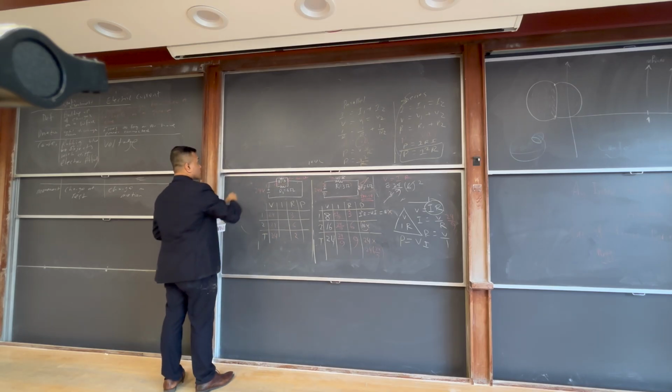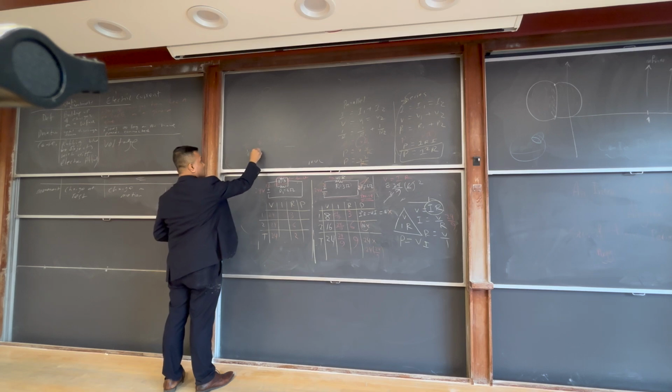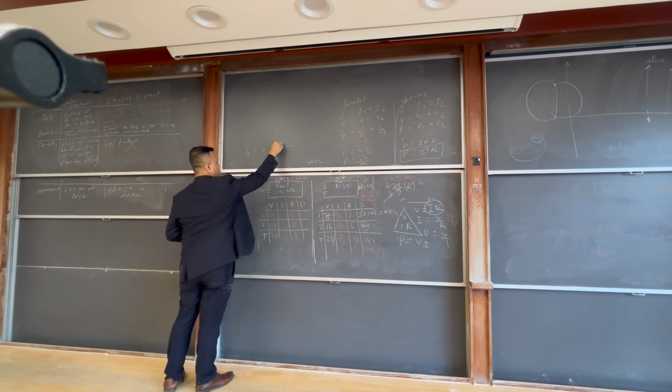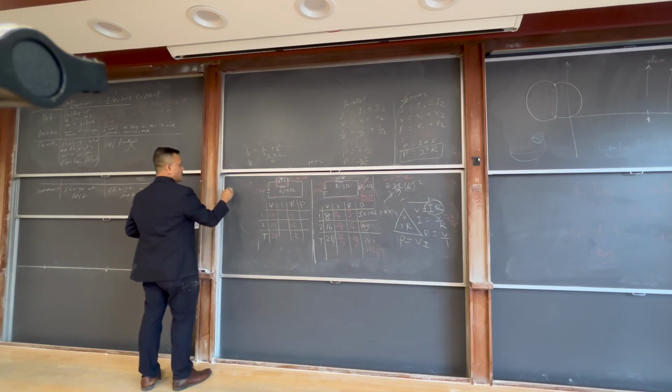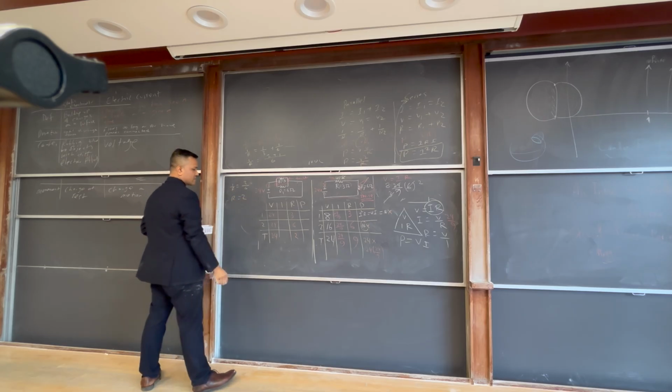So 1 over R is 1 over 3 plus 1 over 6. The LCD of 3 and 6 is 6, so 2 plus 1 gives 3 over 6. So R is 2.